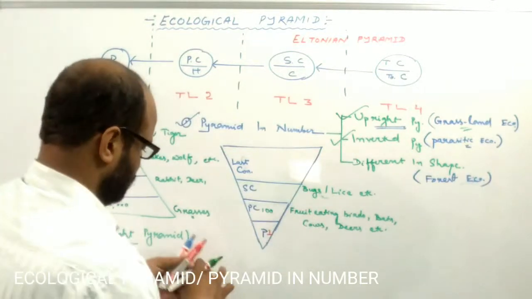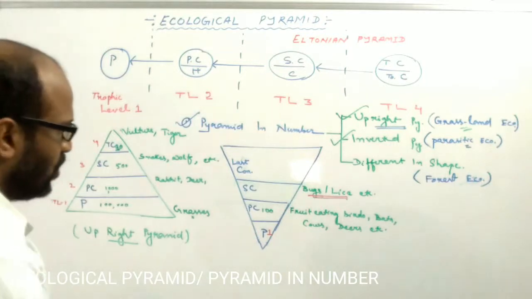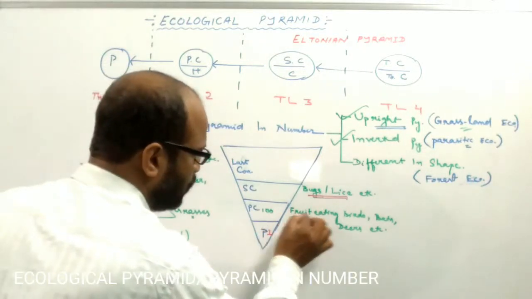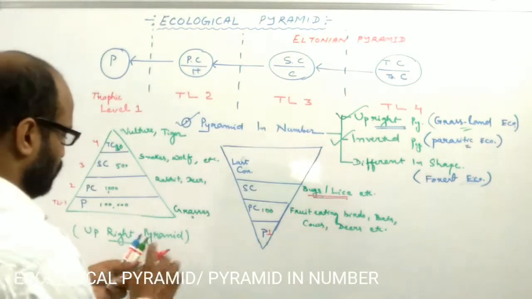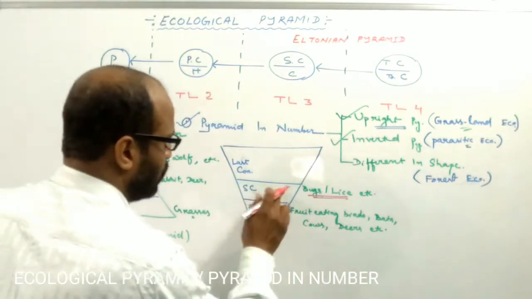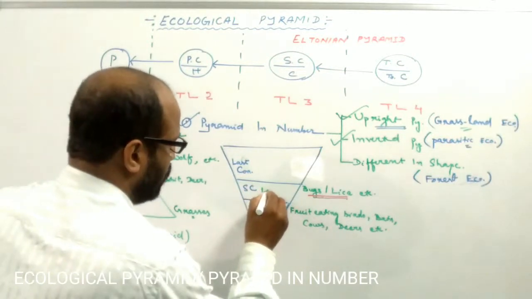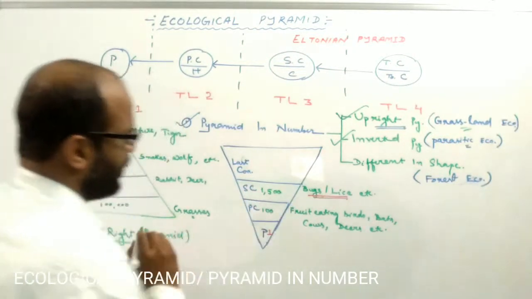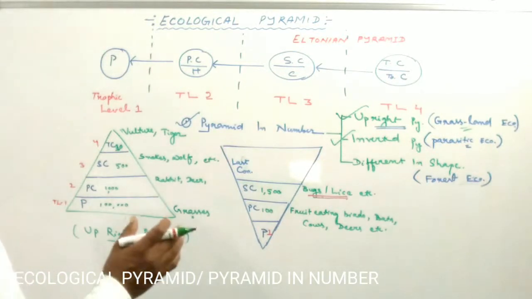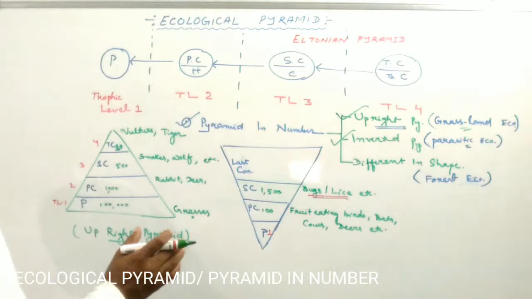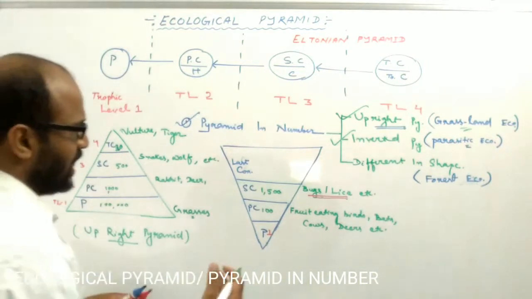So these parasites present on the body of the fruit eating birds, bats, cows, deers, their number, suppose, is more than 1000, say 1500. So these 1500 parasites support the hyperparasites.